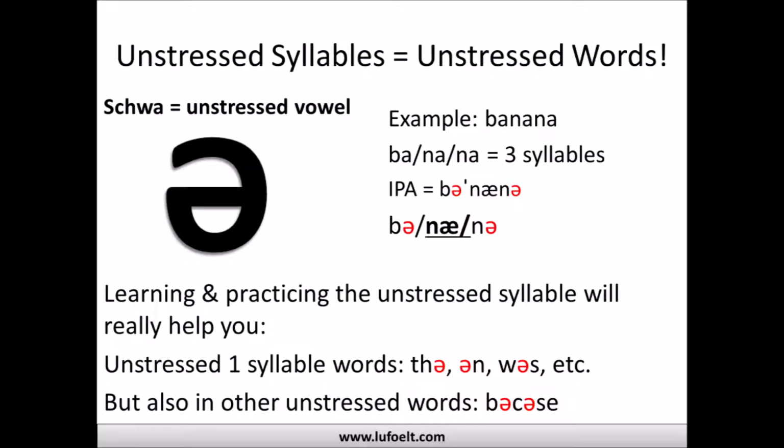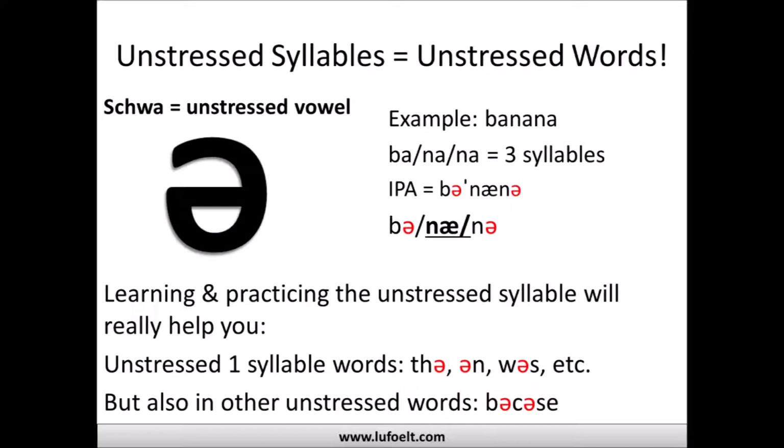It looks like an upside down E, and the example I showed was banana. Banana is a 3-syllable word, B-A-N-A-N-A. Which syllable do we stress? Well, you can see that by using the IPA symbols.